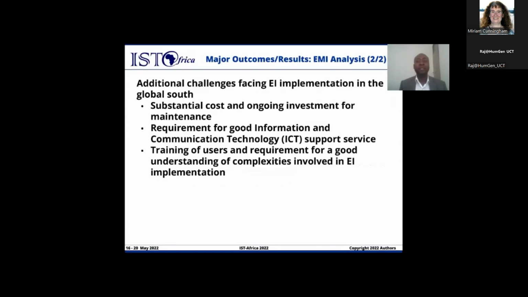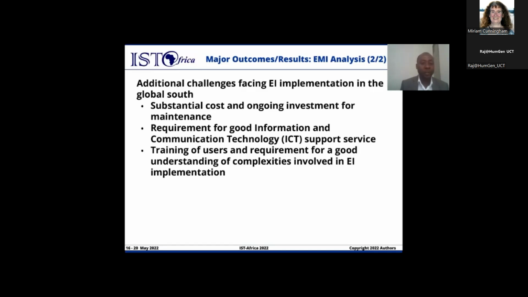Ladies and gentlemen, additionally, the Global South faces other challenges in the implementation of enterprise medical imaging. And these are a substantial cost that is involved to procure the platforms, as well as the ongoing requirement for continued investment to maintain the platforms.